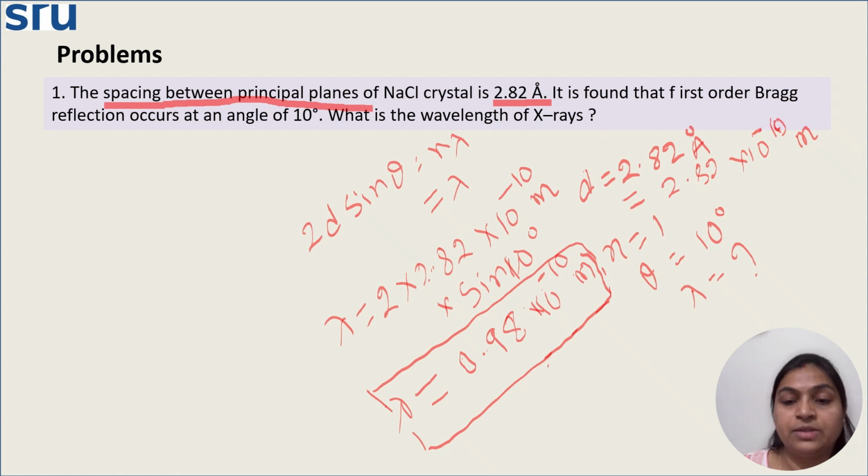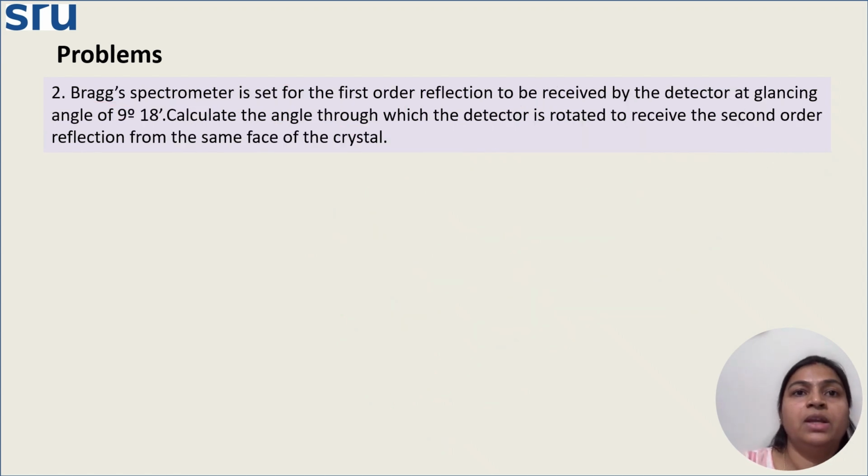Let's move to another problem. It is given that a Bragg's spectrometer is set for the first order reflection to be received by the detector at a glancing angle of 9 degrees 10 minutes. Calculate the angle through which the detector is rotated to receive the second order reflection from the same face of the crystal.